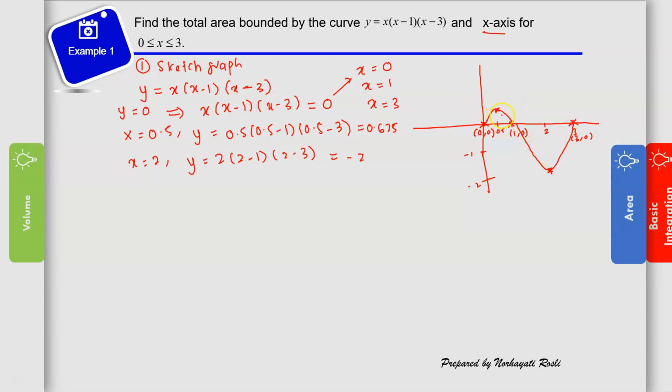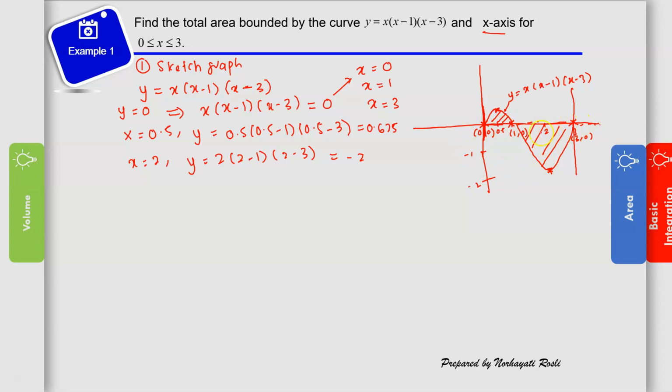You can see here, you need to find the total area bounded by the curve y equal to x(x minus 1)(x minus 3), and then bounded by the x-axis, and by x equal to 0, which is the lower limit, and also the upper limit 3. Here we can see the region given by this bounded curve is this one and also this part.